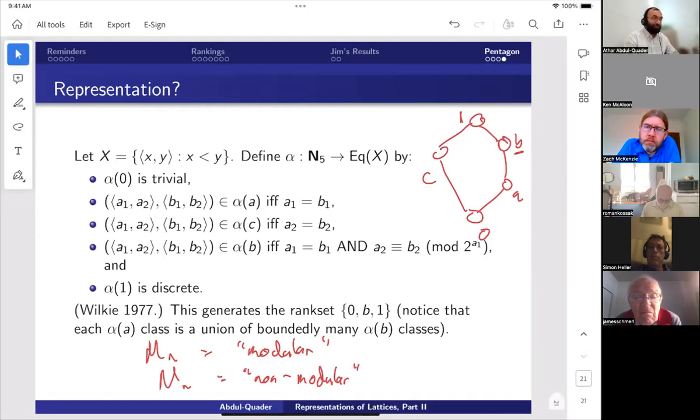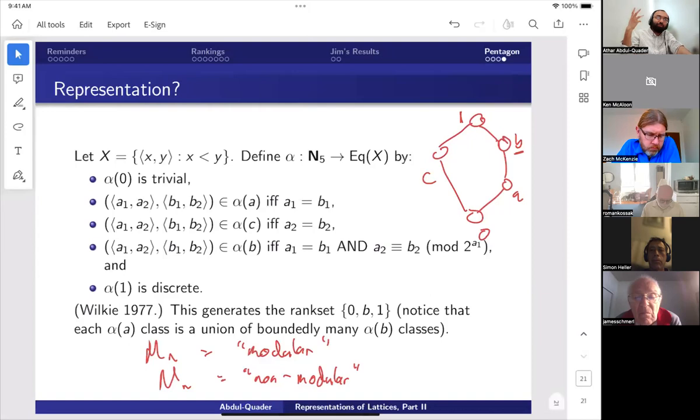Jim did quite a bit of work on these and used some results about combinatorics that showed that these representations can essentially get larger and larger, in terms of how high a CPP representation you get.